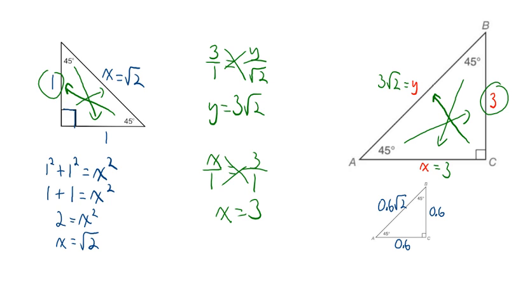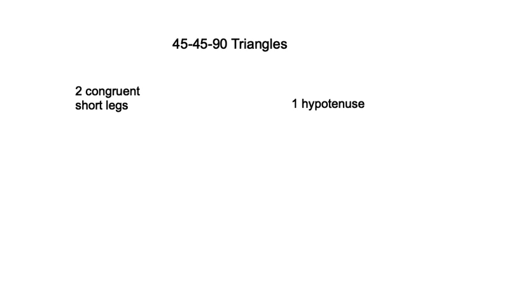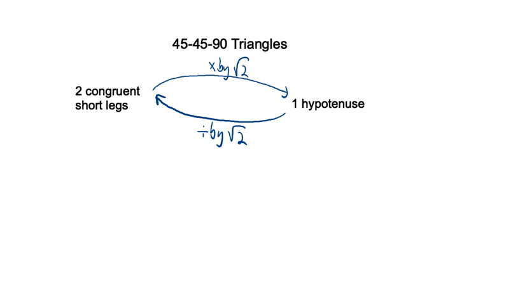To make a long story short, if you know either of the two congruent short legs in a 45-45-90 triangle, to get the length of the hypotenuse, you multiply by the square root of 2. If you know the length of the hypotenuse and you want to get the lengths of the two congruent short legs, you divide by the square root of 2.